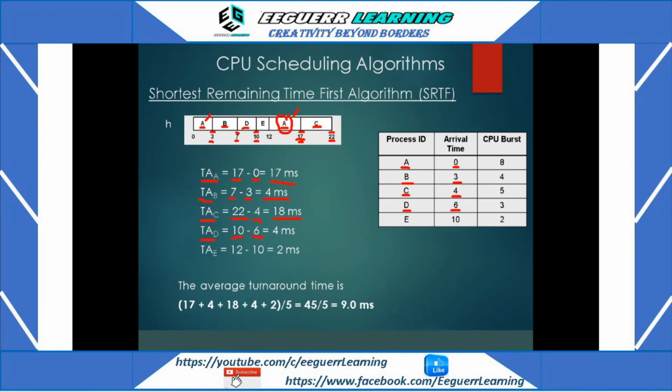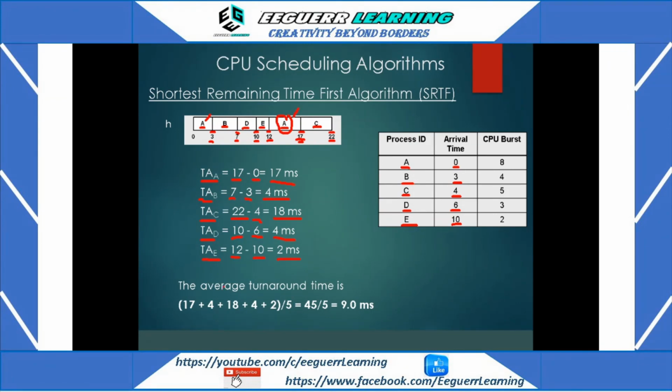Subtract, and that will give us 4 ms. And the last turnaround time is for process E. Look at the Gantt chart for the head part of process E and get the value of 12, then get the arrival time of 10 from the table, and subtract. That will give us 2 milliseconds.